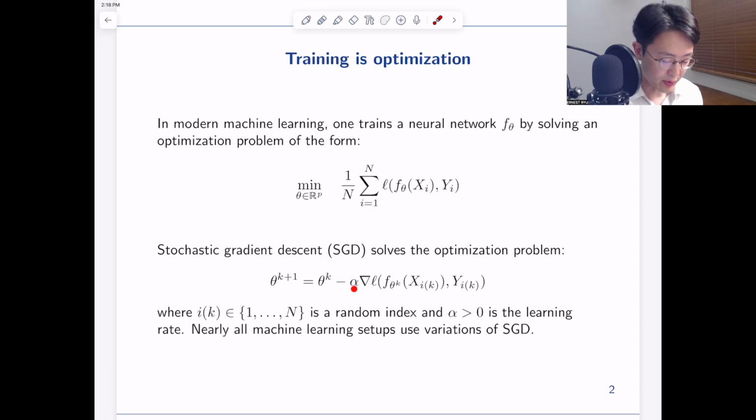Here we have this parameter alpha, which is referred to as the learning rate. So what's described here is the vanilla version of SGD. And nearly all modern machine learning setups use either SGD or a variant of SGD to solve the optimization problem. And this process is referred to, again, as training.